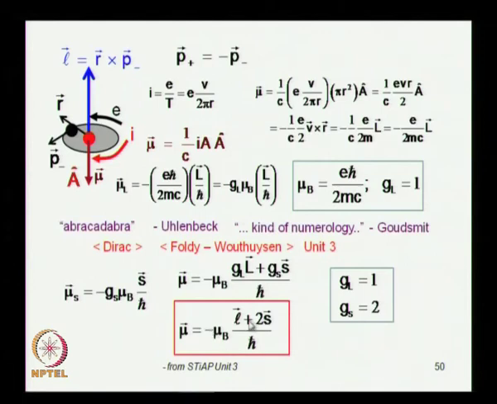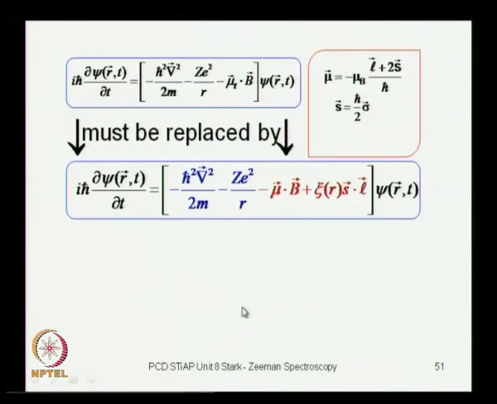We had considered earlier only the angular momentum coming from the orbital angular momentum quantum number. So, now this relation in which we decided to treat mu dot B as a perturbation must now include the spin. So, this mu is not just mu subscript L, but mu together with the electron spin.